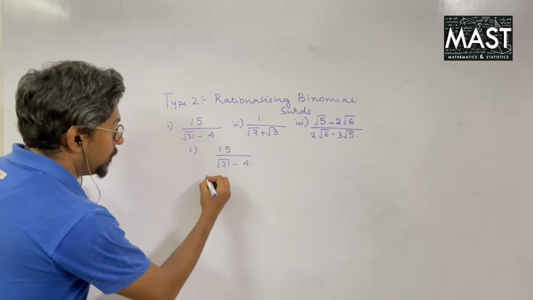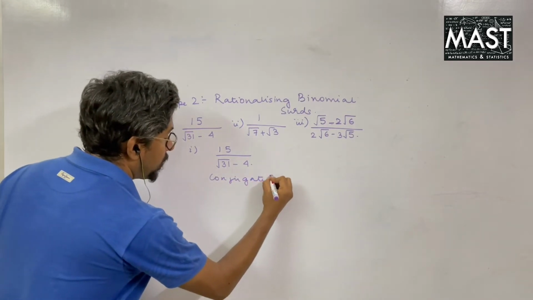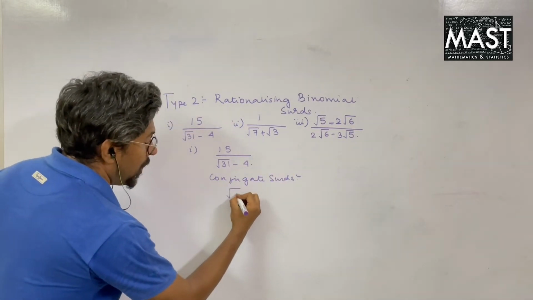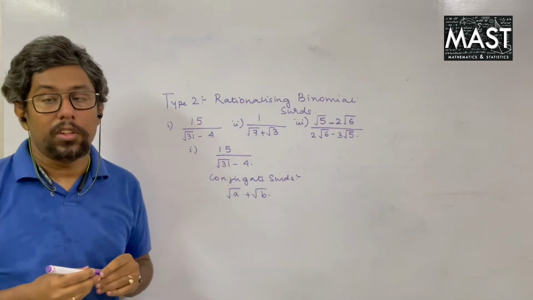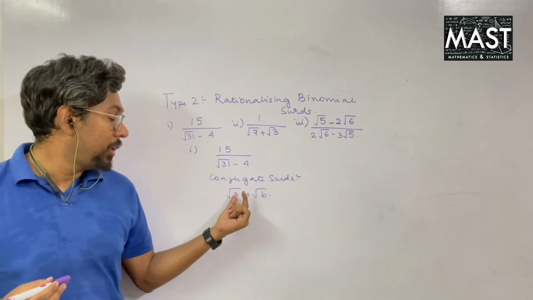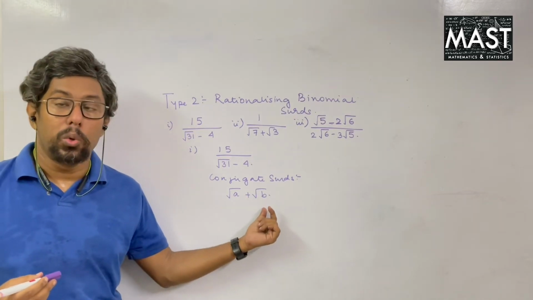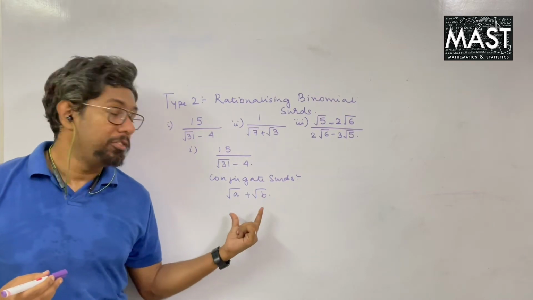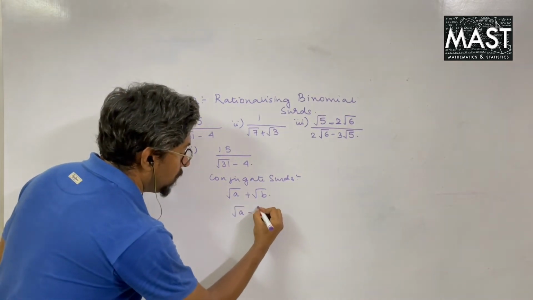What do we mean by conjugate surds? So let us understand the concept of conjugate surds. If we have a number which is root a plus root b, this is a binomial surd. If we look at this term, we have two surds, root a, root b, and a plus sign in between. So the conjugate surd of this surd would be root a minus root b.